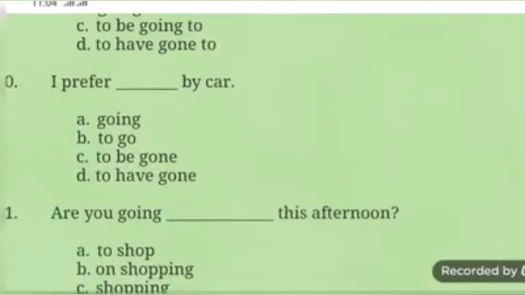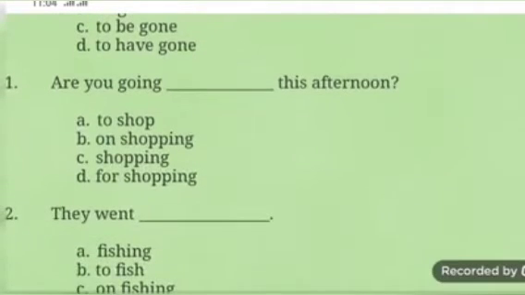Next, I prefer blank by car. So prefer is also followed with the ing form. So you would say, I prefer going by car. Next one, are you going blank this afternoon? Okay, if you see a verb form of go, gone, went, going, and it is followed by an activity, the activity must be in ing form.